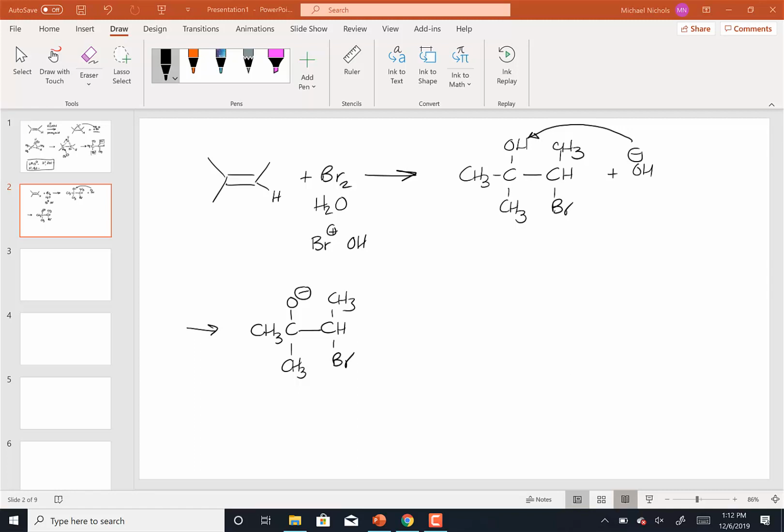So the O minus comes down, kicks off the bromine, and we can make that epoxide. So the second way to make an epoxide is to make the bromohydrin and treat it with hydroxide.